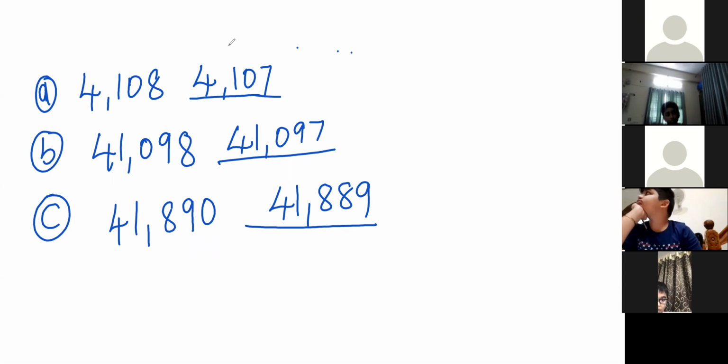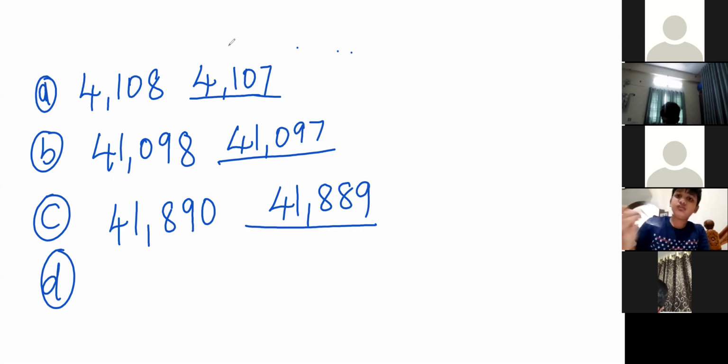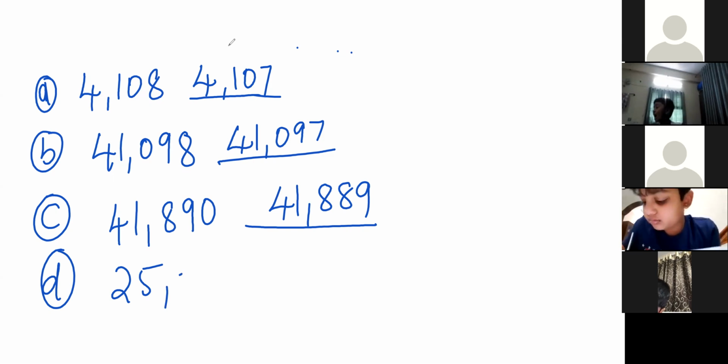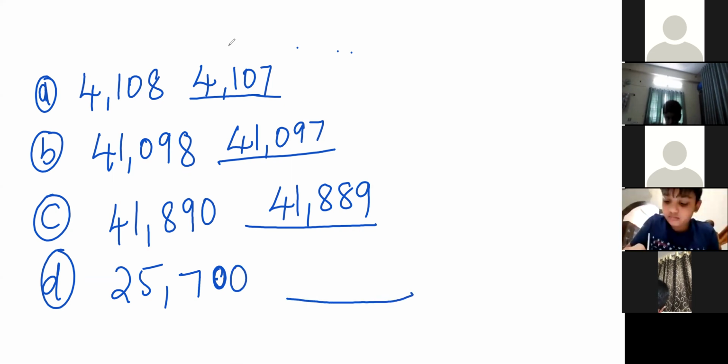Next, coming to the next number, 25,700. See, there are zeros in the ones and tens places. Then you consider this total 700.